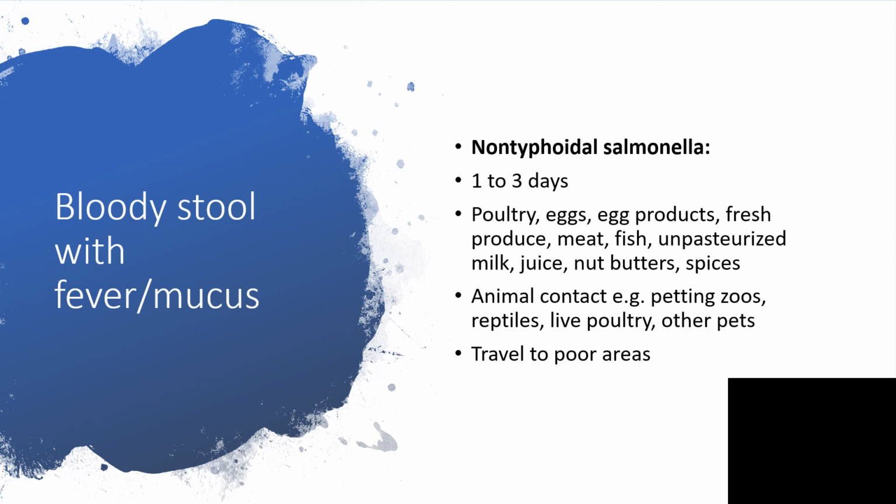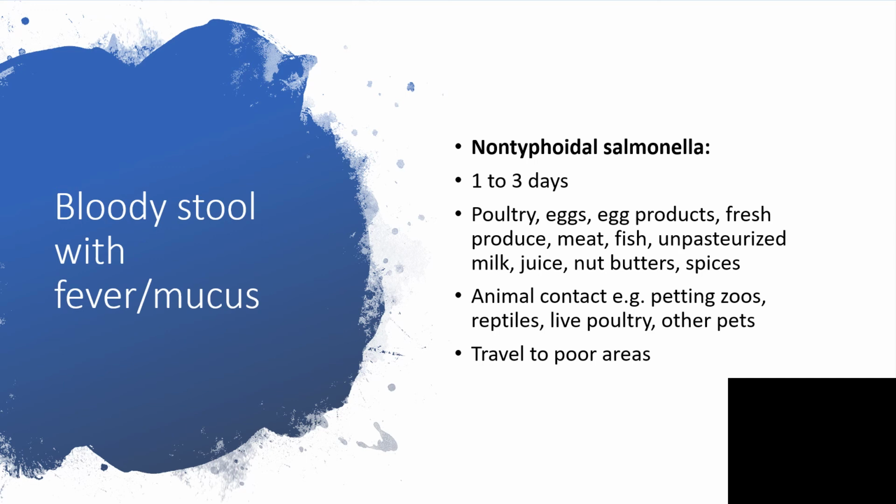Okay, when it comes to bloody stool, and the bloody stool is associated with fever and mucus, then we have a lot of agents to think about. First, non-typhoidal Salmonella.